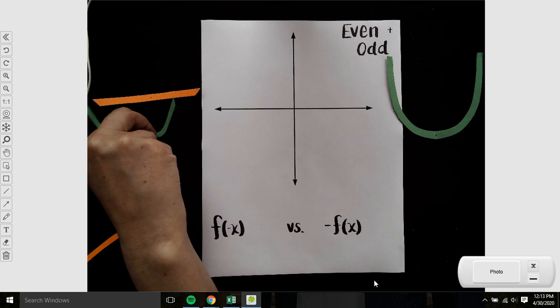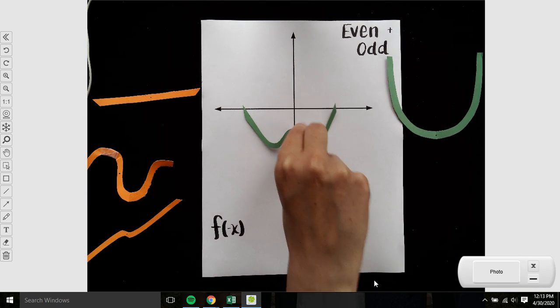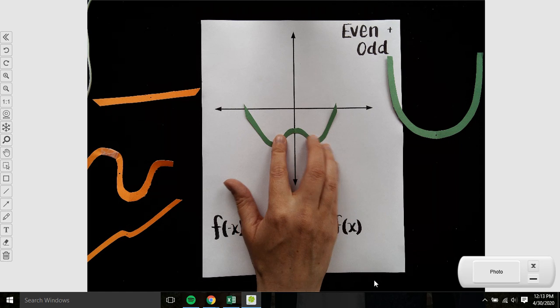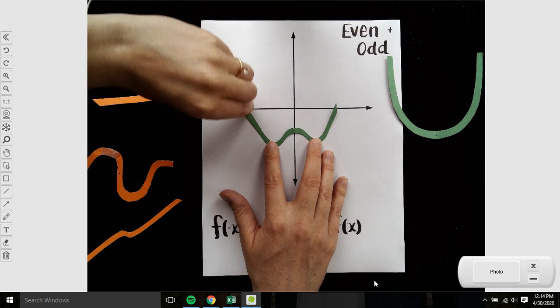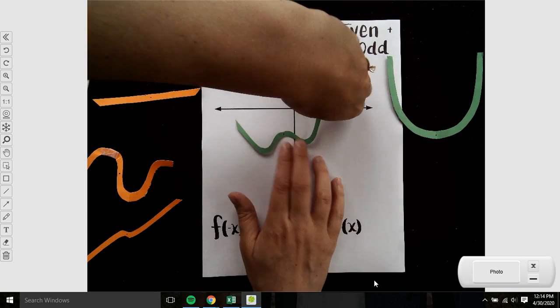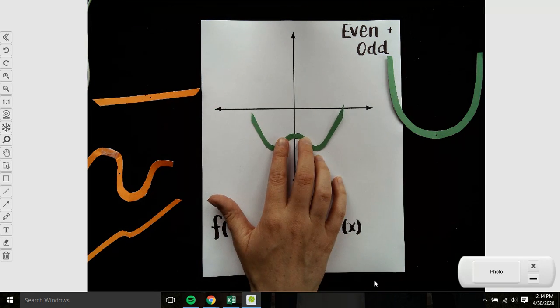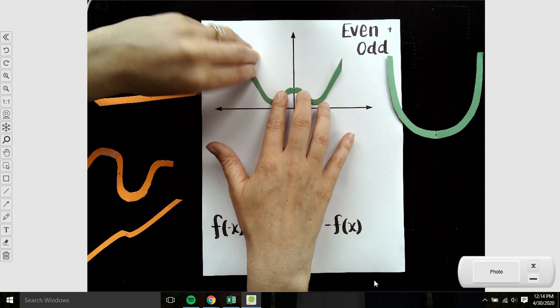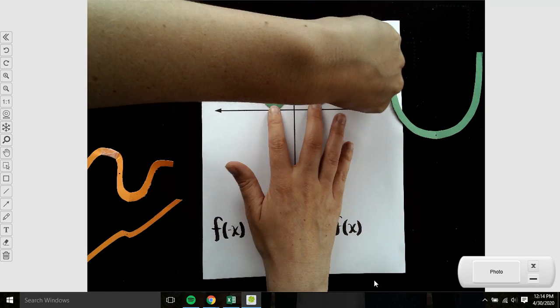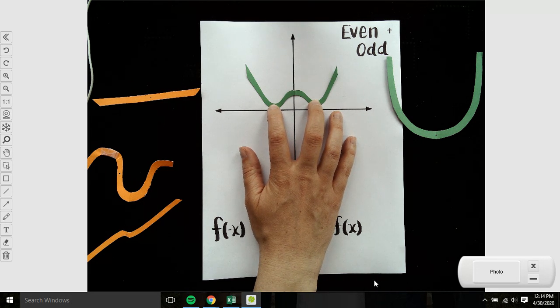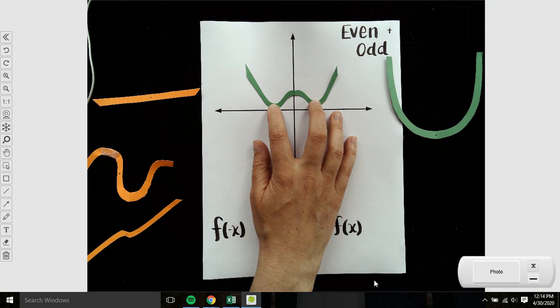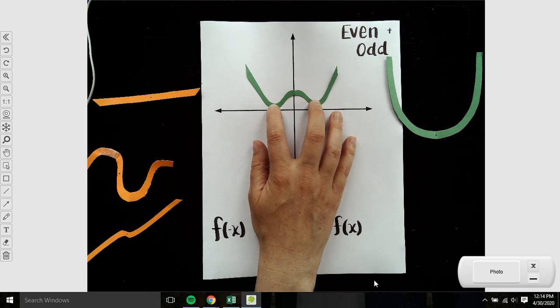The other even function that I've cut out is this one. If I put this centered on the y-axis, I can flip it over and it is the exact same function. Now if I moved it up, flipped it over, exact same function. So even functions are functions that are symmetric with respect to the y-axis. So they can reflect over the y-axis and they remain the same.